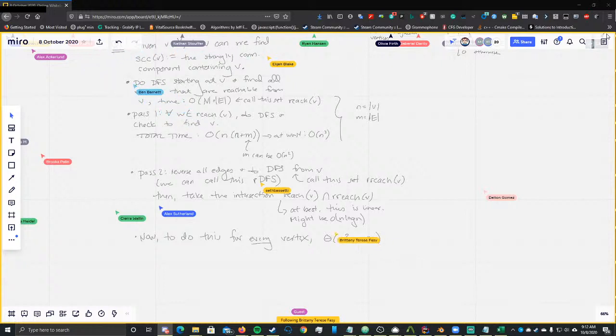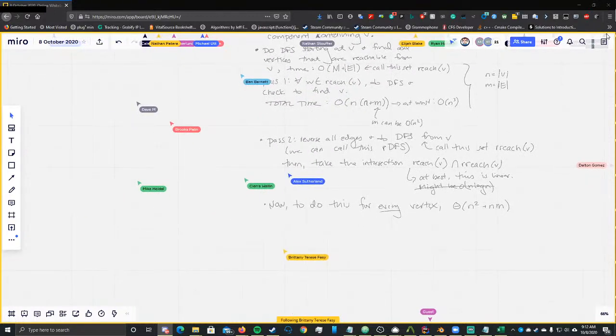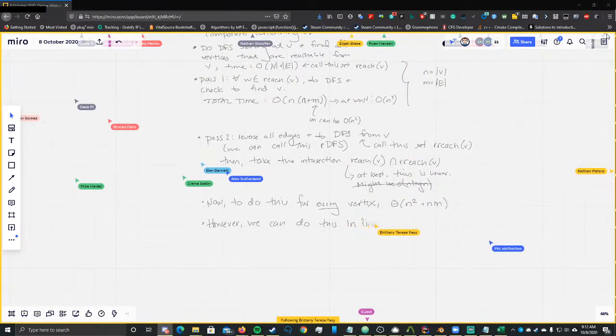But we'll just not do this. We'll assume that we can get this in linear time. However, we can do this in linear time.